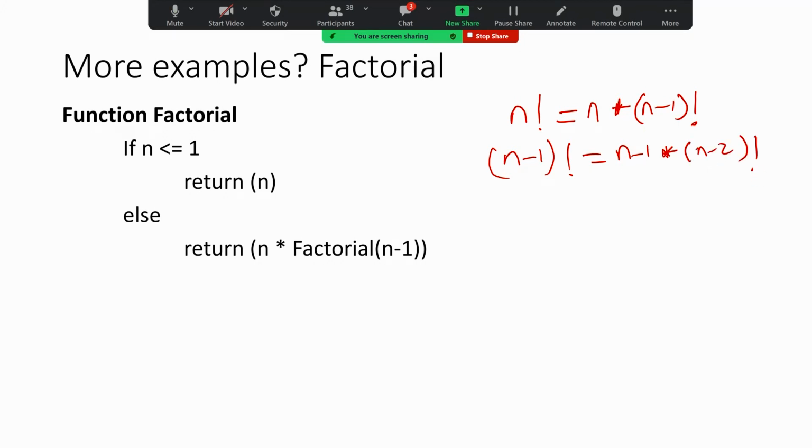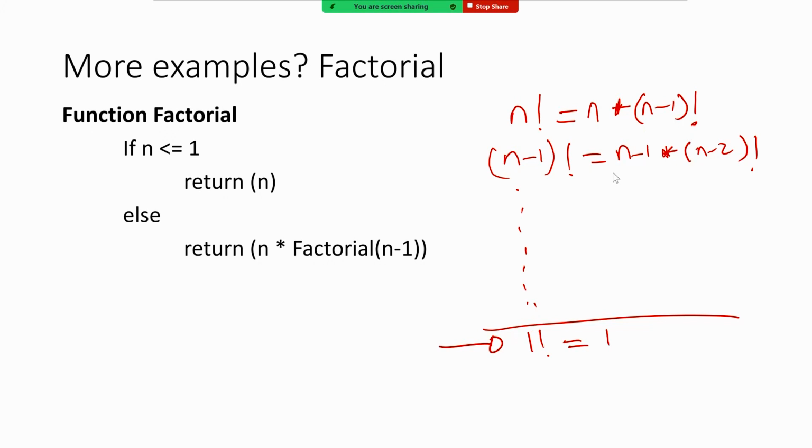And then you can keep on bringing it all the way down till you get to, let's say, 1 factorial. What is 1 factorial? 1 factorial is 1. But do you notice the structure? How familiar is n factorial to the Fibonacci number?